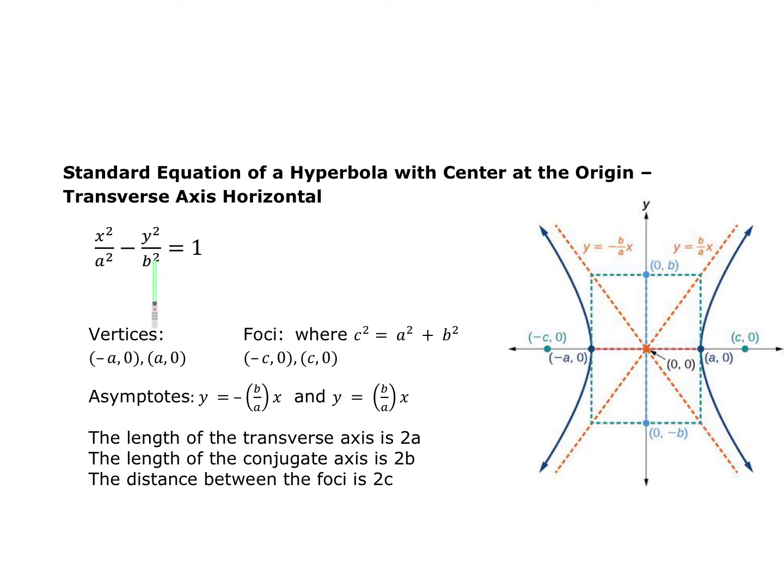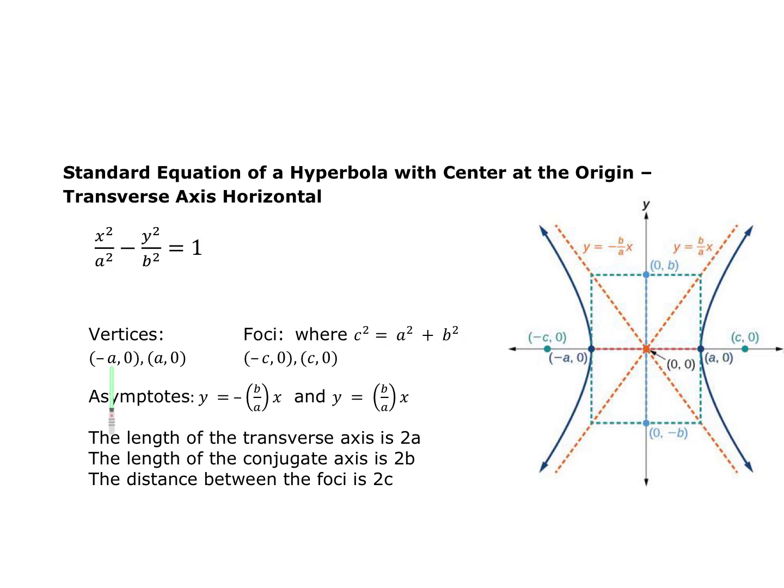That's a real difference between ellipses and hyperbolas. Structurally, with ellipses it will always be a plus between them, whereas with hyperbolas, one of them will be a plus and one of them will have a minus in front of that term. Now notice that the x is the positive one, and so my transverse axis is along the x-axis. And then, of course, when we move off the origin, if the x is positive, then my transverse axis is going to run parallel to my x-axis.